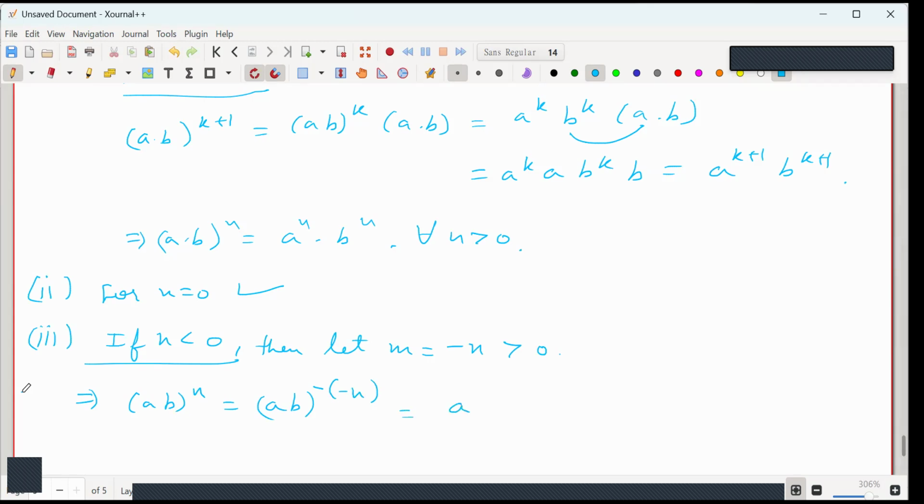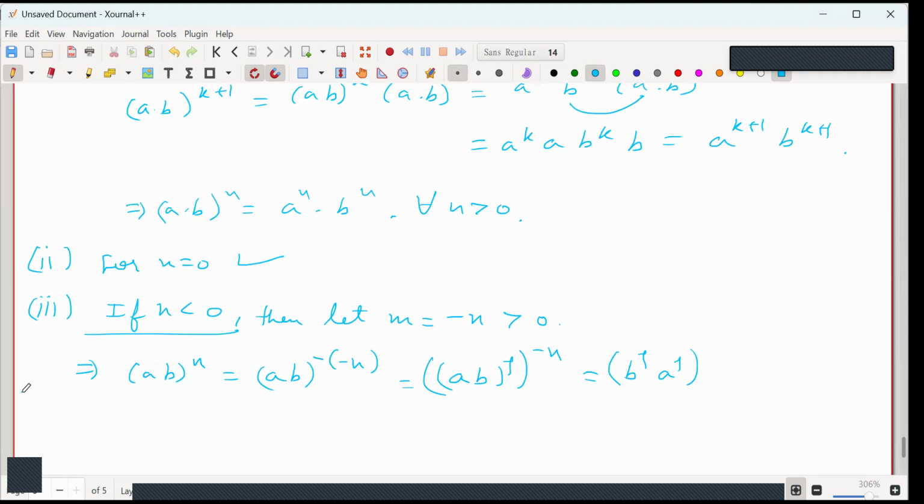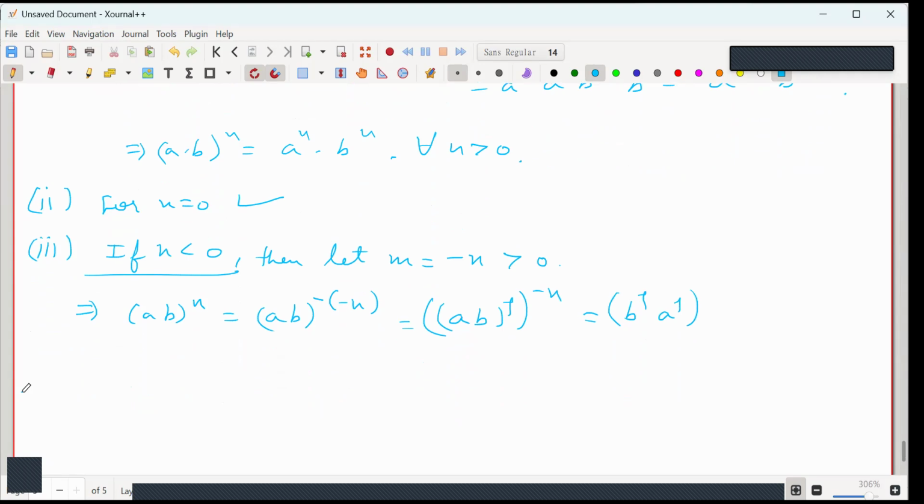This will be (AB)^(-1) raised to minus n. (AB)^(-1) is B^(-1) A^(-1), raised to minus n, which is m, greater than 0, right? So this is two elements which are raised to minus n.